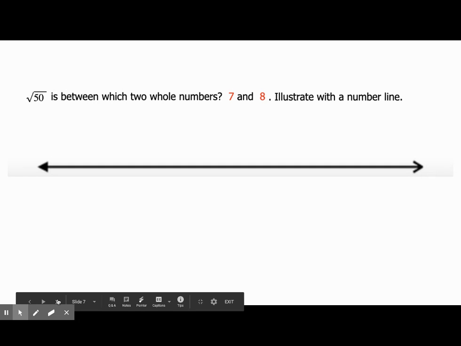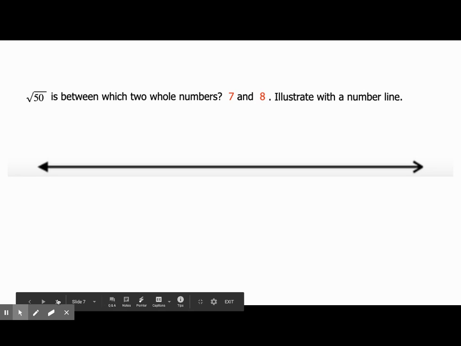So we're going to look at the square root of 50, and we're going to try to use perfect squares to help us determine what the square root of 50 is between. So I know that 49 is a perfect square, and I know that 64 is a perfect square.